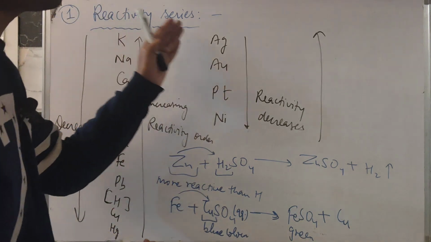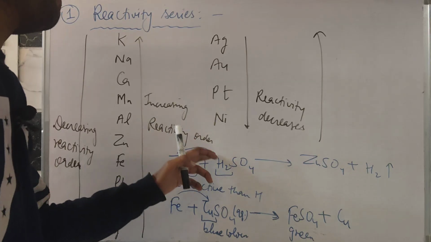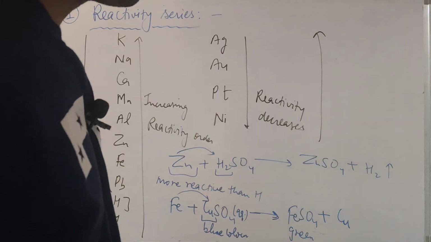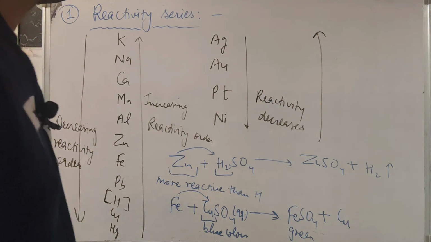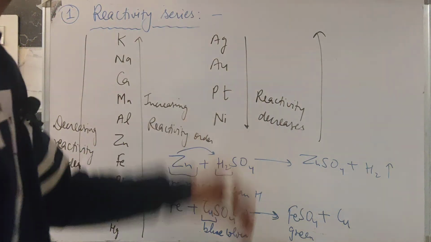Here we study only the reactivity series, and we have to remember that the most reactive element will displace the less reactive element from its salt. That's it. These two most important examples I have discussed, and you can practice with many examples on the basis of the reactivity series.